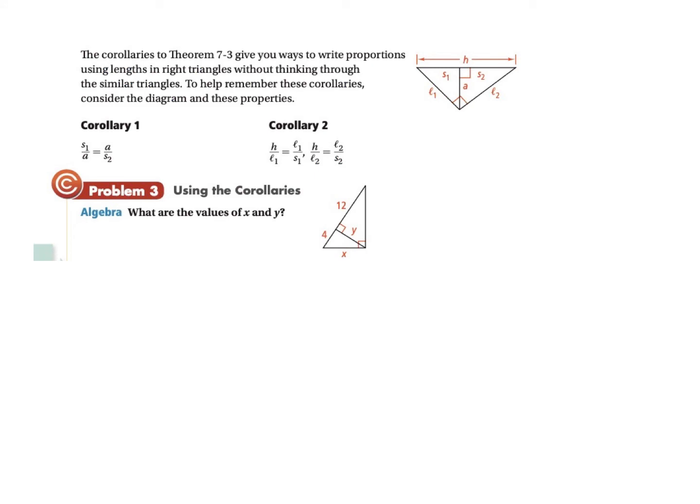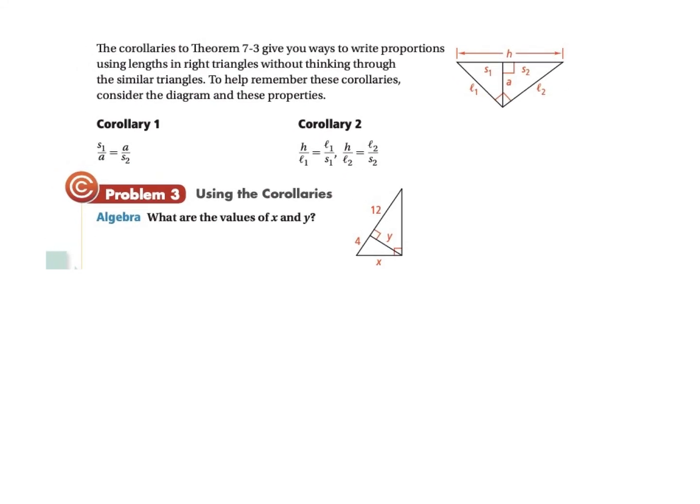Alright, so let's look at how to set these up. When you're setting these up, I would use this little diagram here to help you set it up. It wants to know what the values of X and Y are. So notice in this one that they are giving us the altitude, that middle segment there. So the easiest way to set that one up is going to be to use corollary 1.